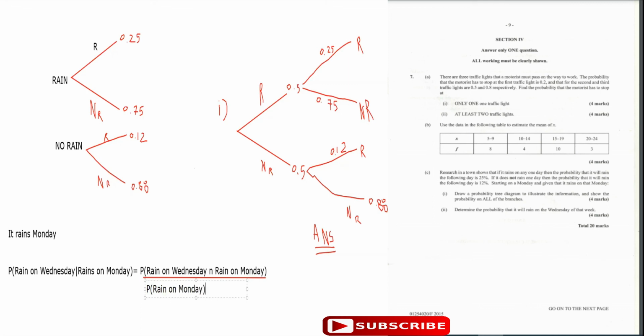All right, so we need to find this. What's the probability that it actually rains on Monday? The probability it rains on Monday in actuality is 0.5.